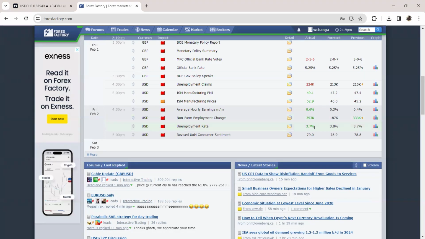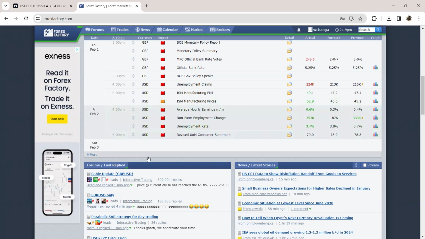And by the way, if it's black like this, it means it's neutral. It doesn't have any effect on the markets. So here we had some green actual news releases, meaning this was positive.